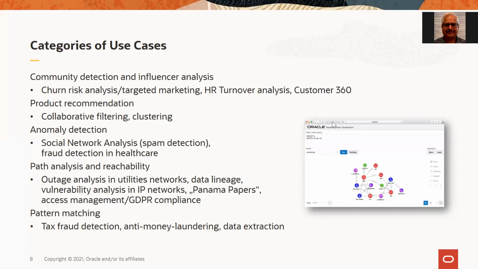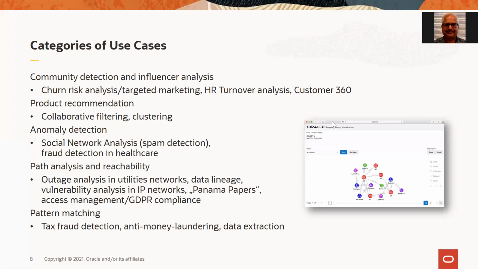So be it in the context of data lineage, looking at how data flows through a set of systems, or looking at GDPR compliance: which user with access to which role has got which privileges on which BI dashboard, which in turn sits on which view, which sits on top of which table, which again has a column with, let's say, personally identifiable information, so that there is an indirect relationship between the user and that specific column, which you can determine very easily using these techniques.